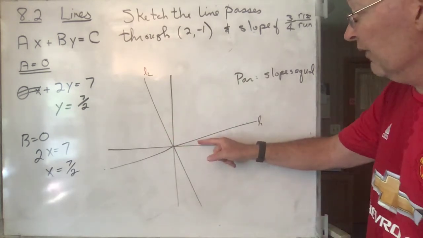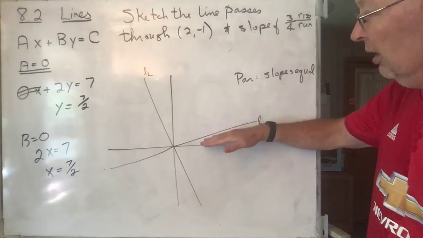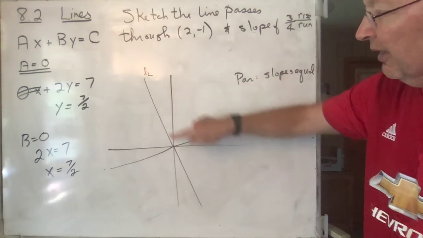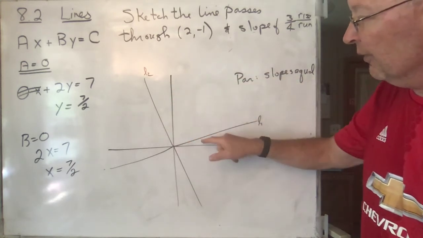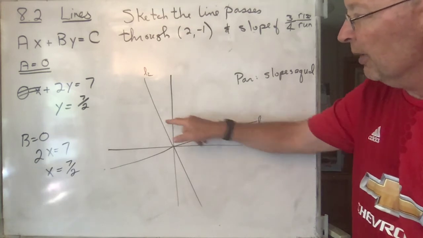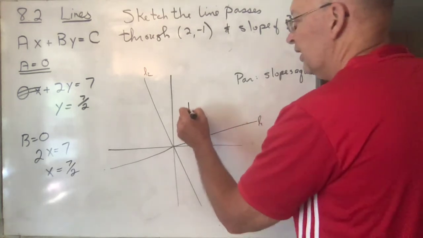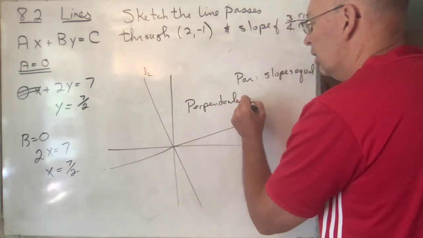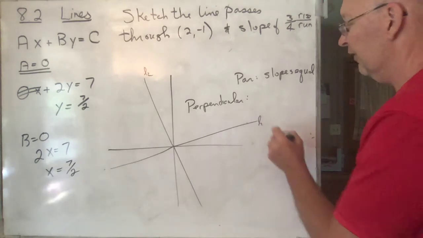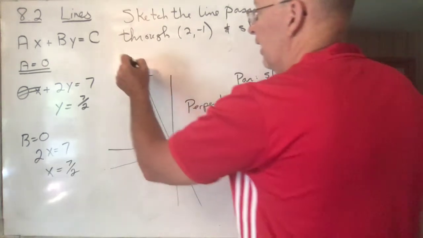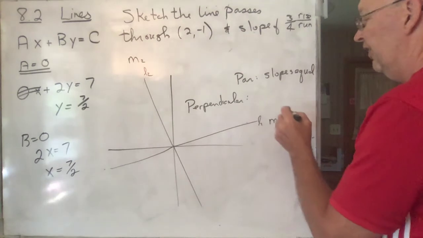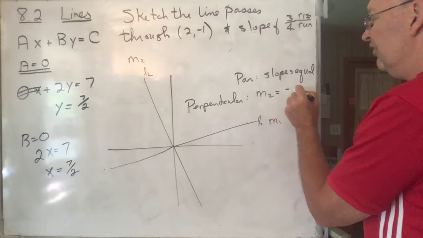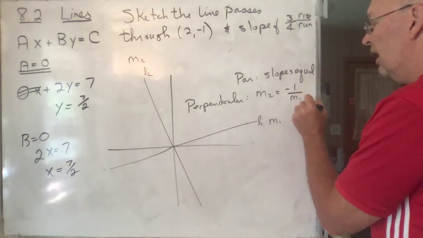Also notice that one of them, this one, the slope is pretty small, and this one, the absolute value, the size of the slope is pretty big. See that? So not only is one positive, one negative, but the smaller the one is, the bigger the other one is. So for perpendicular lines, if this has slope m1 and this has slope m2, then m2 is the opposite, and it's also 1 over m1.